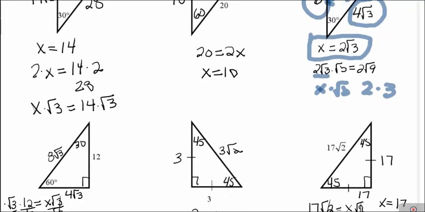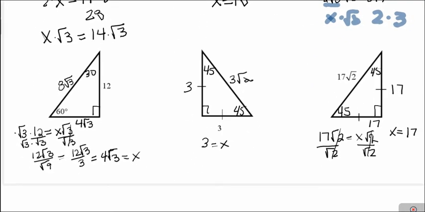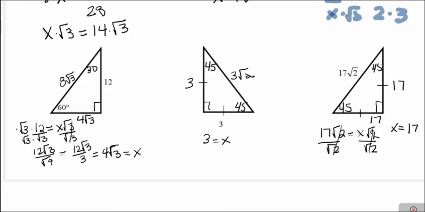Now the last three examples, if we take a look at this next one, this is very similar to the first one I just went over. My initial equation, I'm given the side across from the 60, so I had to set 12 equal to x square root 3.